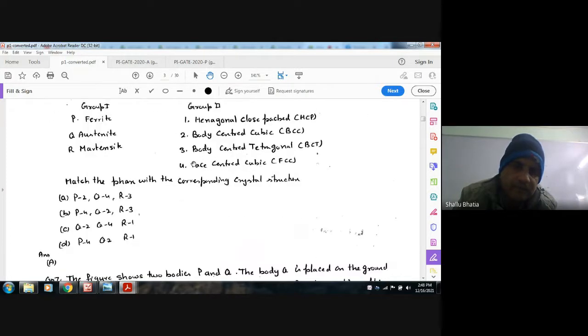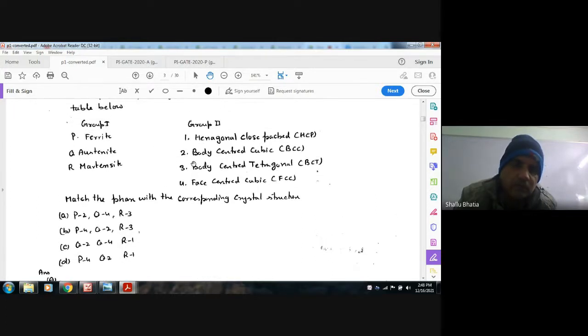Match the phase with the corresponding crystal structure. A: P2 Q4 R3, B: P4 Q2 R3, C: P2 Q4 R1, D: P4 Q2 R1.